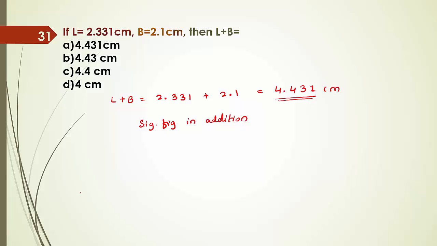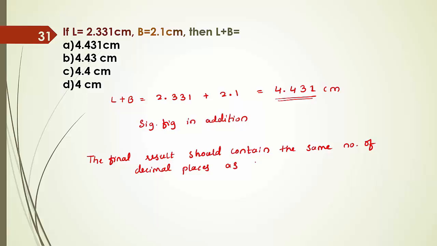Is it clear? The final result should contain the same number of decimal places as the number with the least decimal places.